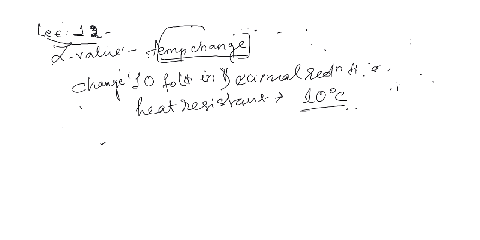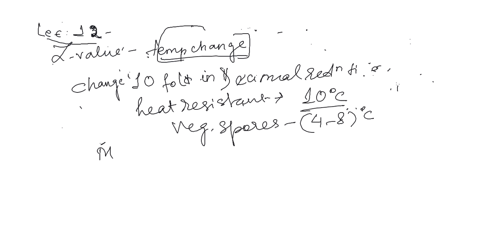And for vegetative spores, we have the Z value as around 4 to 8 degrees Celsius. I'll quickly write down some of the microorganisms, pigments, and what the Z and D values of those are. In some cases it is important. So for bacteria, what is the D and what is the Z value?